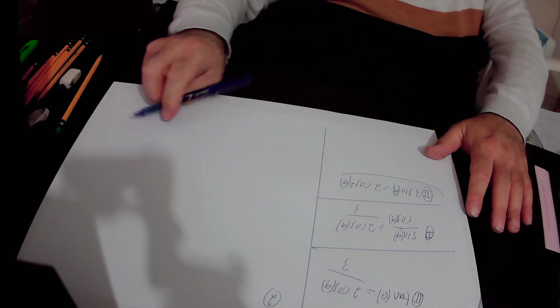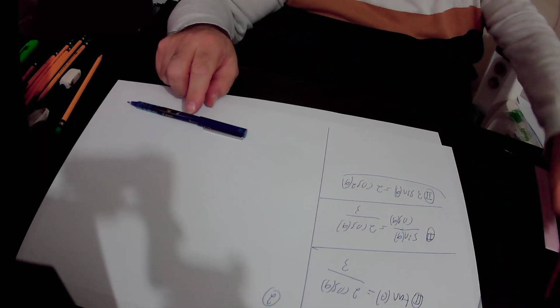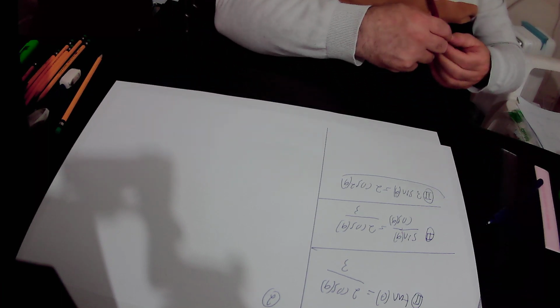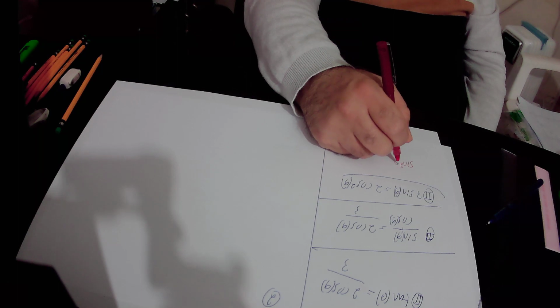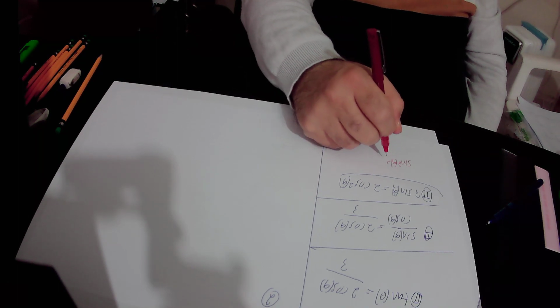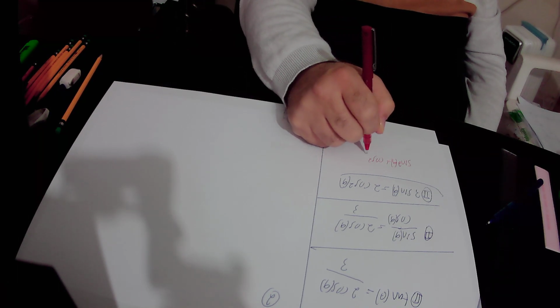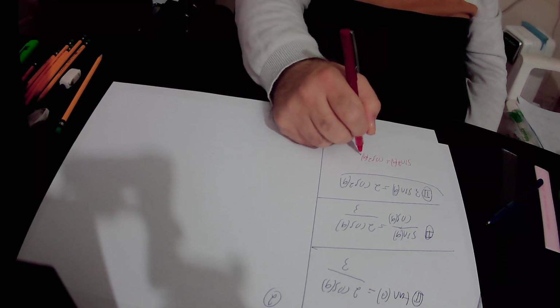Okay, and we have the trigonometric identity that states that sine square alpha plus cosine square alpha is equal to 1.